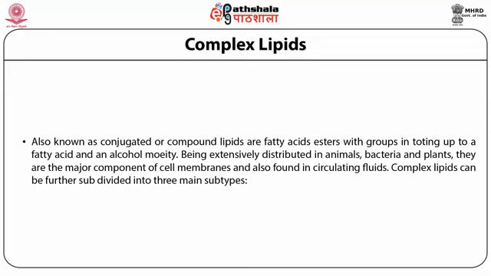Being extensively distributed in animals, bacteria, and plants, these complex lipids are the major component of the cell membrane and are also found in circulating fluids. Complex lipids can be further subdivided into three main subtypes.